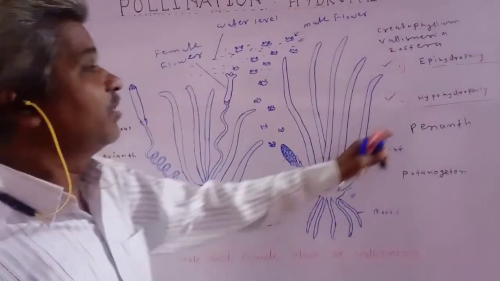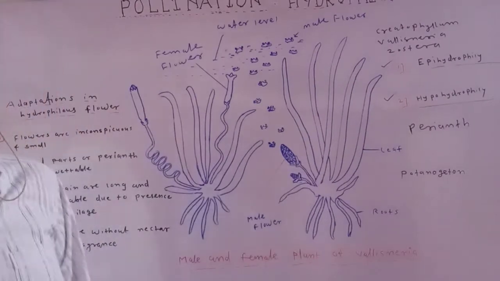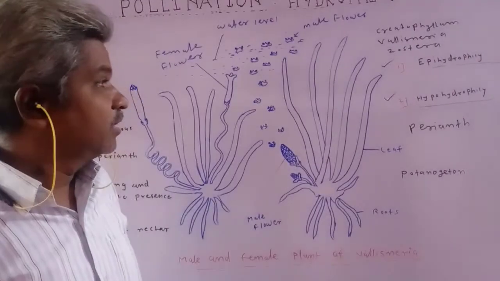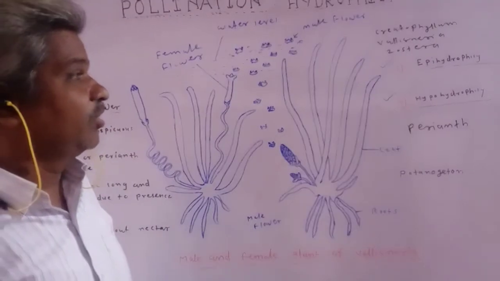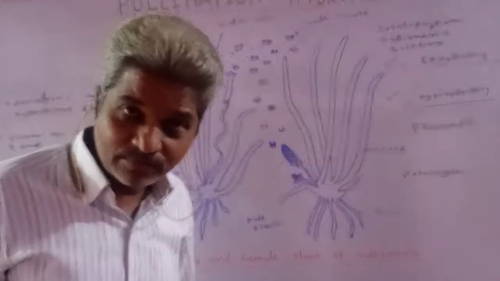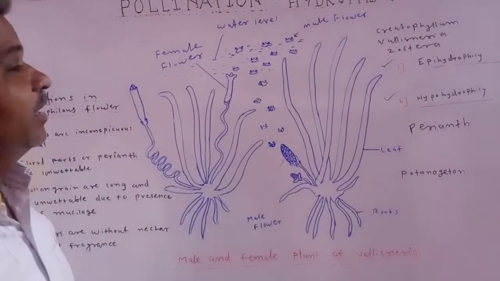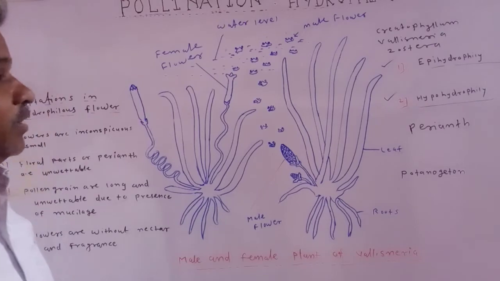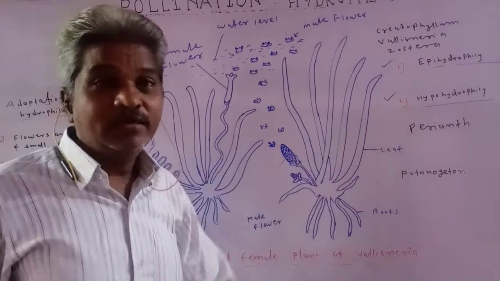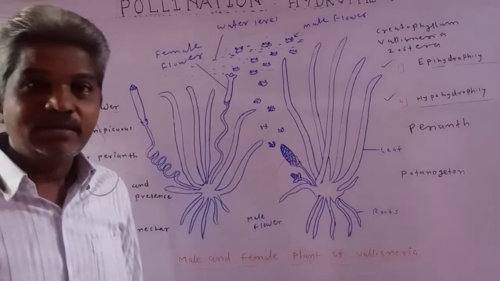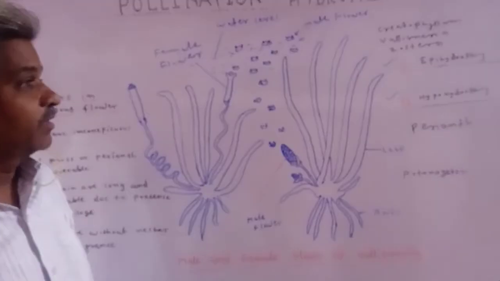Similarly, hypohydrophily is another type of pollination. Hypohydrophily means pollination takes place below the surface of water. In this, the pollen grains are already in the water.